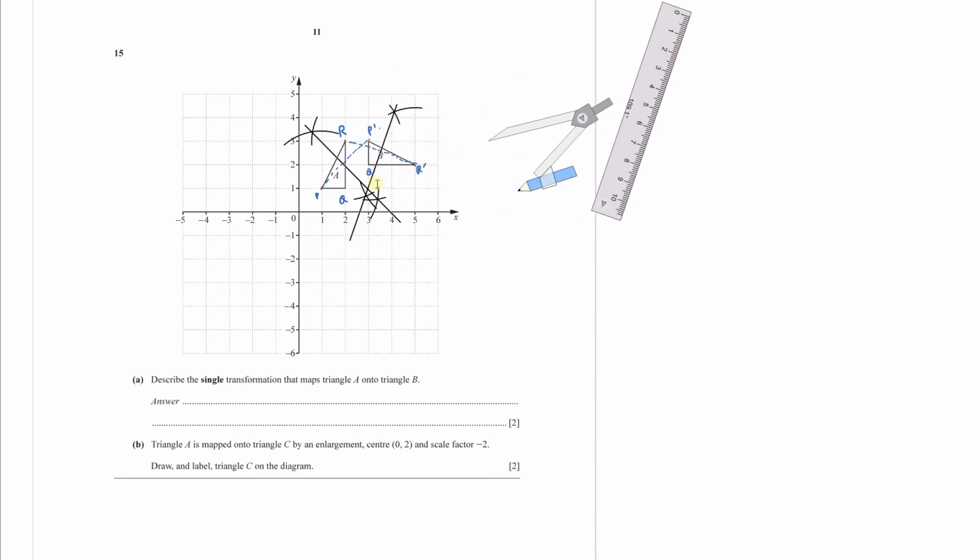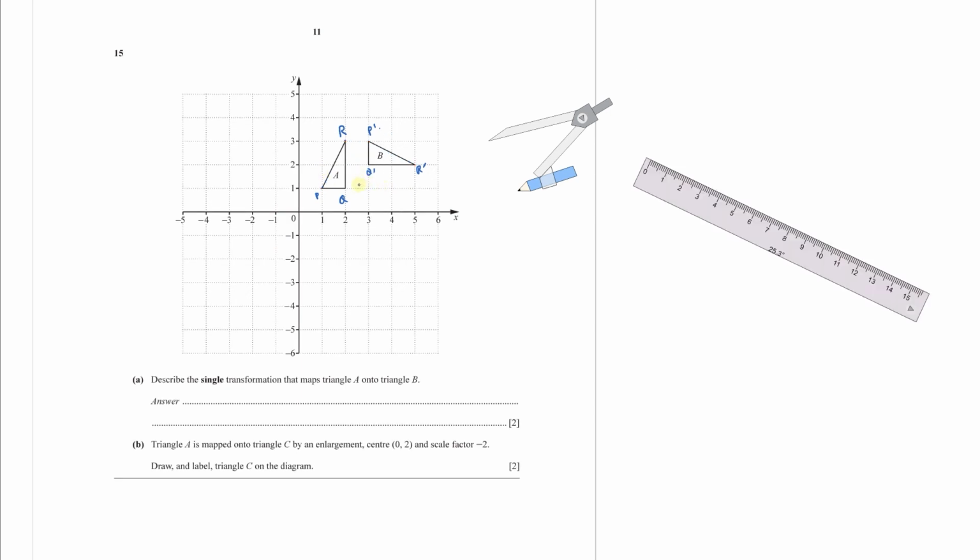This is your point of intersection right here. This point is 3 on the x-axis and the y-axis value is 1. So now you have the center of rotation. Let's clean it up a little bit. Here I have now cleaned up the line bisectors and we found out that this point (3, 1) is our center of rotation.